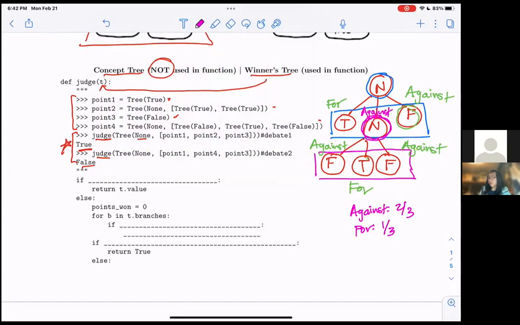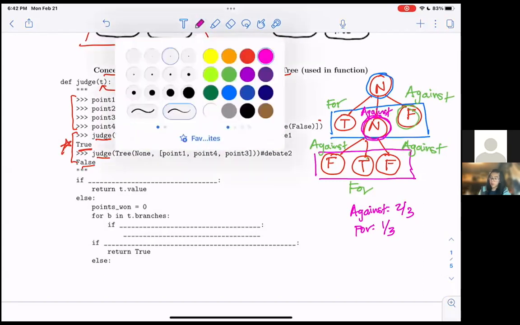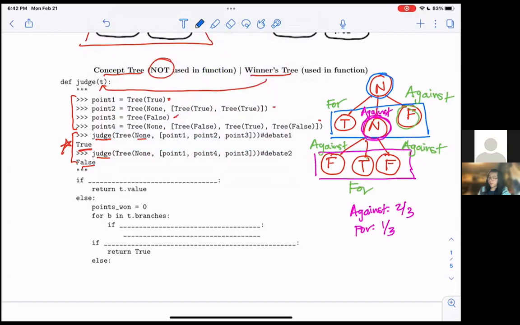And now that we've determined all of the winners of the subpoints that are boxed in blue, we can now see who the overall winner of the debate is. We can see that the against side has won 2 out of 3, whereas the for side has only won 1 out of 3.